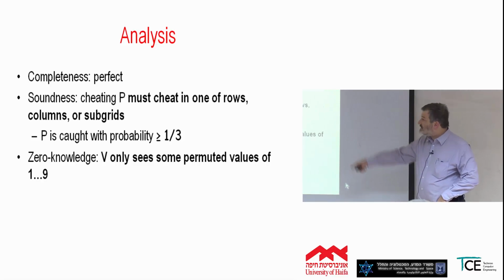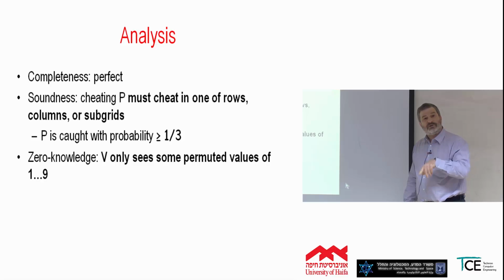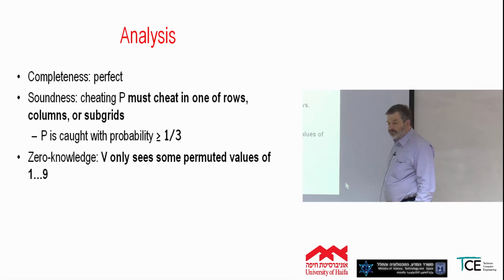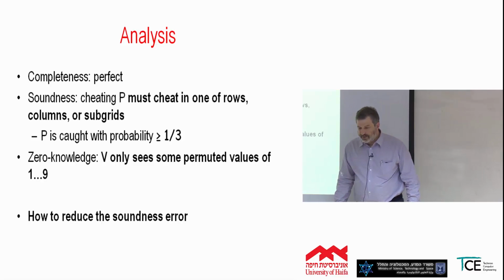What Veronica sees is only some permuted values of the numbers 1 through 9. She gets a random permutation of the numbers 1 through 9 in the columns she chooses. It's very easy to describe the simulator in this case. You see what she chooses, row, columns, or grids, and then you give 9 permutations of the numbers 1 through 9.